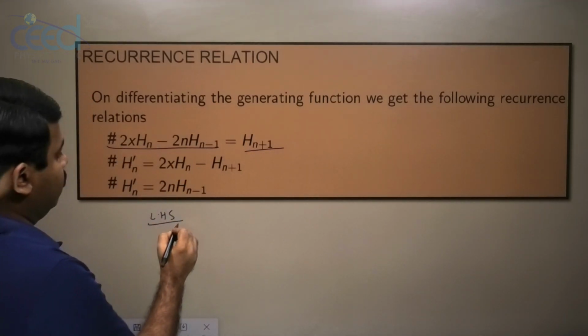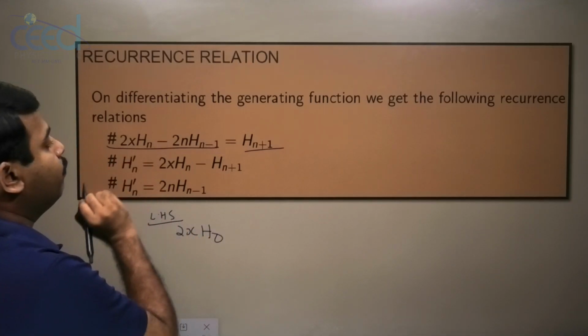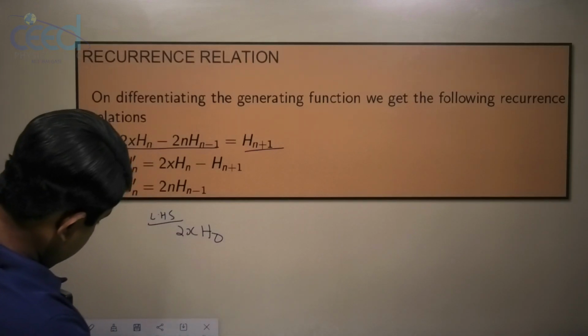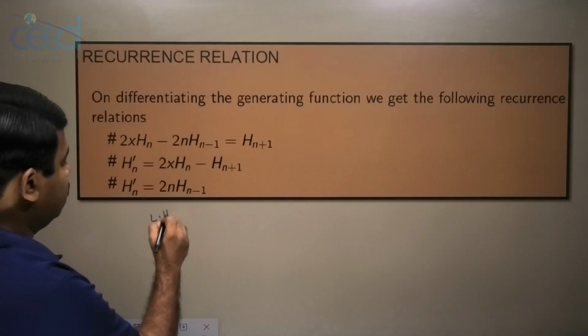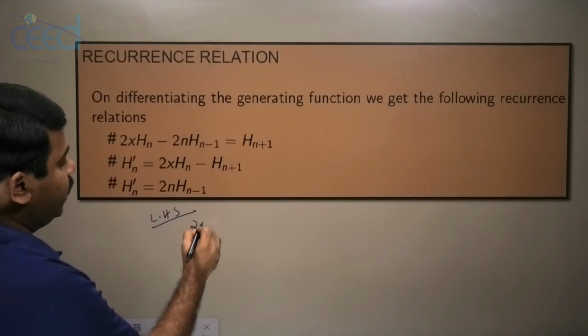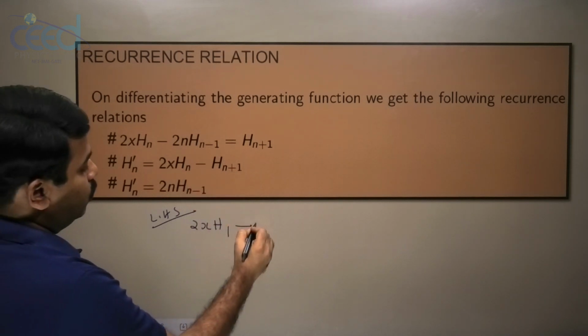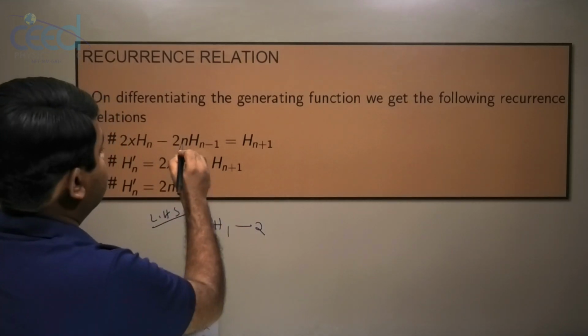So 2x hn, I am taking n as 1. So LHS is 2x h1 minus 2n h0, n I am taking 1.